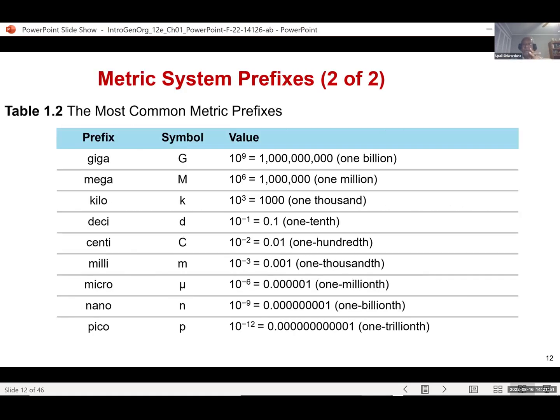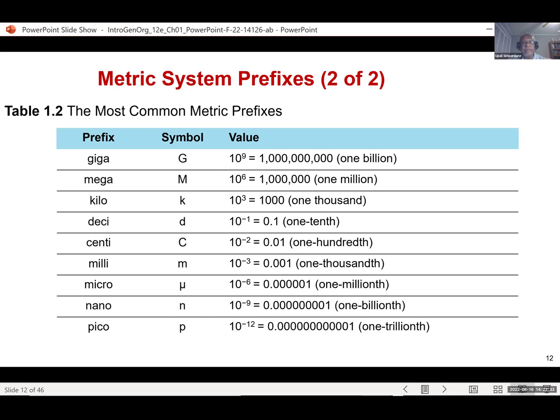So these base units, like meters, could be expressed in terms of kilometers, micrometers, depending on the exponent we use. What is a gigameter? GM, capital G, small m. That is 10 to the 9 meters.